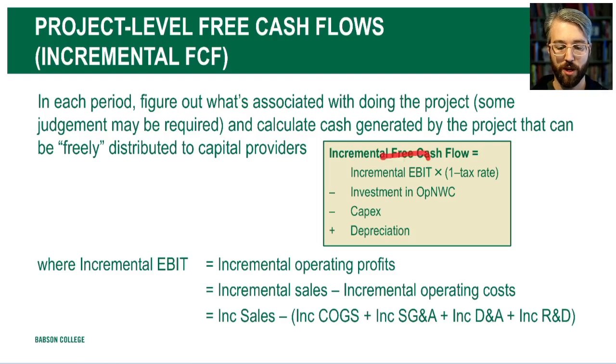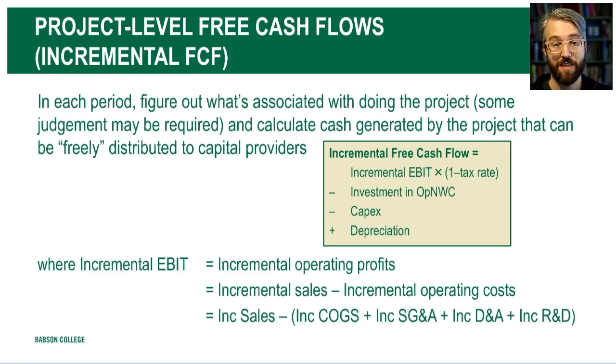The first is going to be earnings before interest and taxes. And of course, again, here what we want is incremental EBIT: the EBIT impact of doing the project in excess of what the firm would generate if they didn't. We're going to take that incremental EBIT, which for the firm as a whole lives on its income statement, but for the project may not necessarily live anywhere and needs to be forecast.